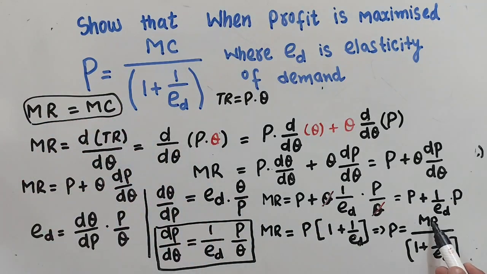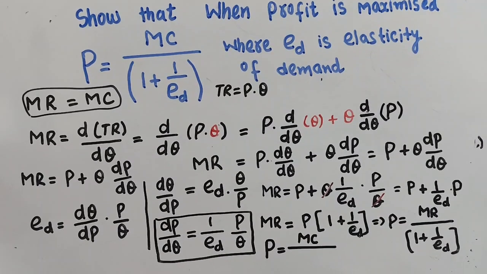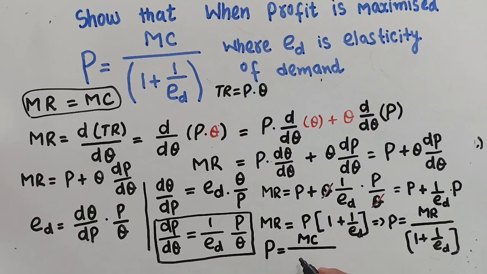So in place of MR we write MC. So ultimately P will be equal to marginal cost upon 1 plus 1 upon elasticity of demand, which was the question. That is, profit is maximized when this relationship holds.